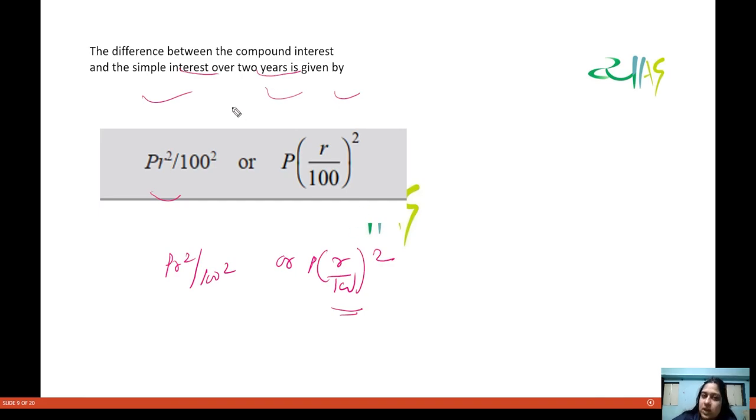This is only for 2 years. I would recommend not going for the formula. If you understand the concept of compound interest, I think it will not be difficult for you anymore.